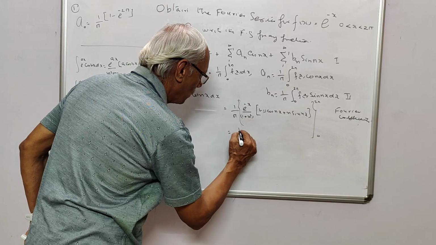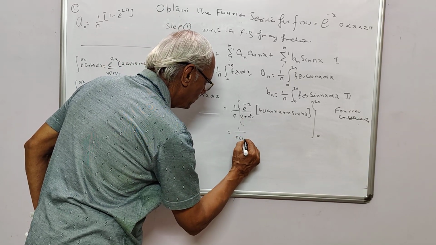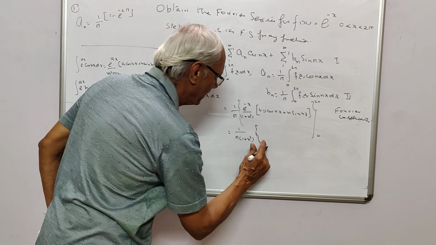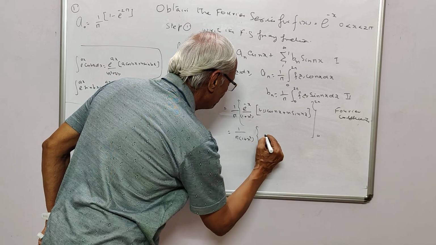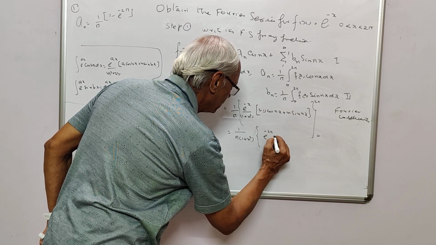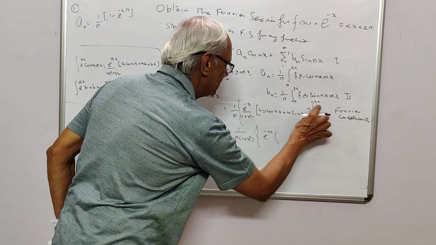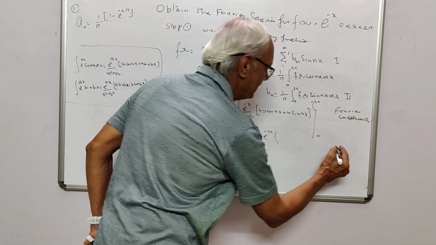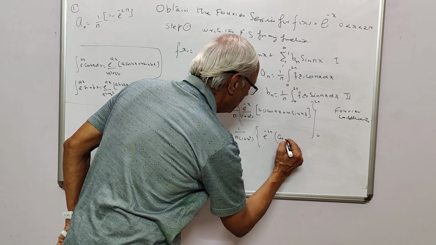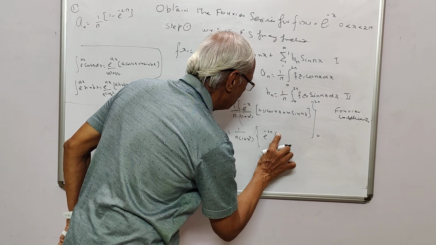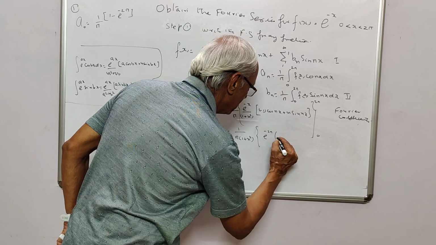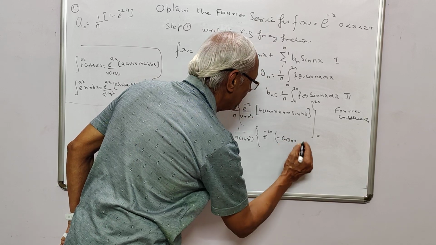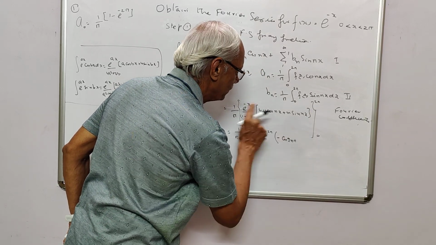Here you see 1 by pi into 1 plus n squared within brackets. First apply the upper limit: e to the power of minus 2 pi into within brackets, minus cos 2 pi n plus n sin 2 pi n, since in the place of x you put 2 pi.